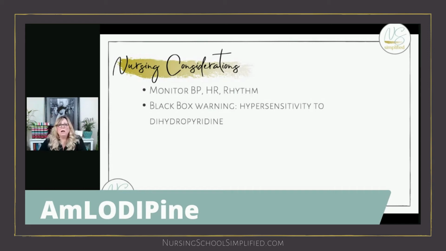We also want to remember that it has a black box warning for patients who have hypersensitivity. We want to monitor our patients for peripheral edema, dyspnea, JVD, and crackles. So JVD is jugular vein distension. And what would that all mean? It means that they're in fluid overload, or they could be in pulmonary edema.